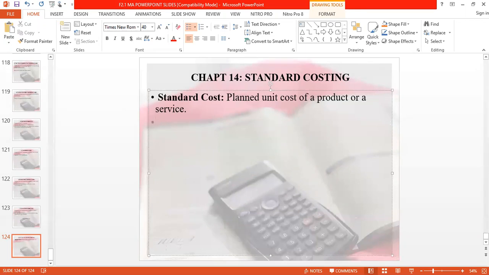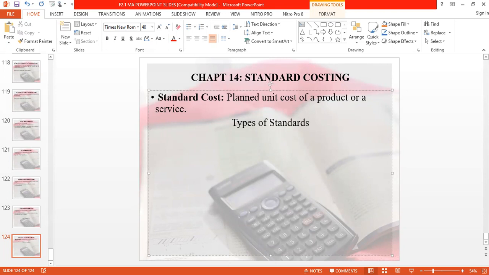We also have what we call types of standards. What are the different types of standards that we have? There are 4 types of standards.